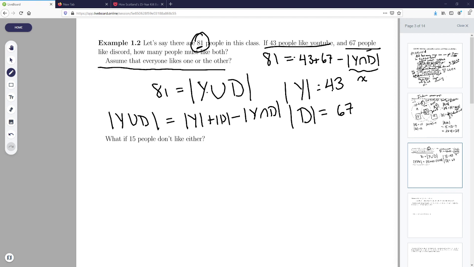So 81 minus 110 is minus 29, which is equal to negative x. You kill off the negative signs, and now you've got it.